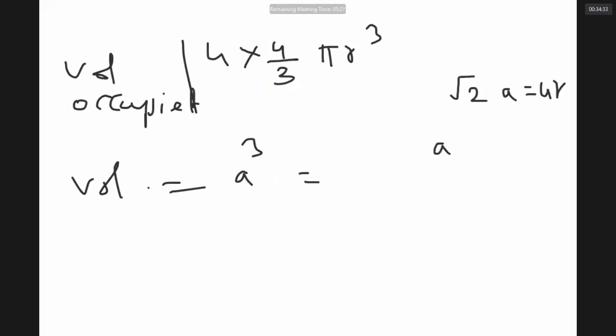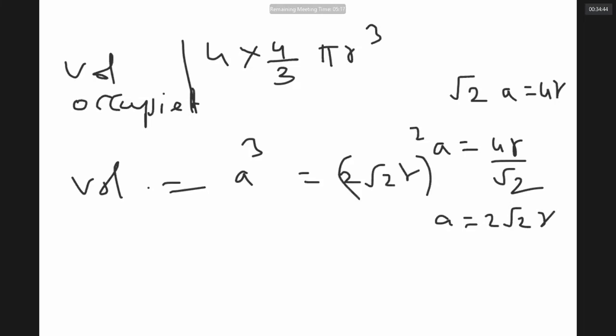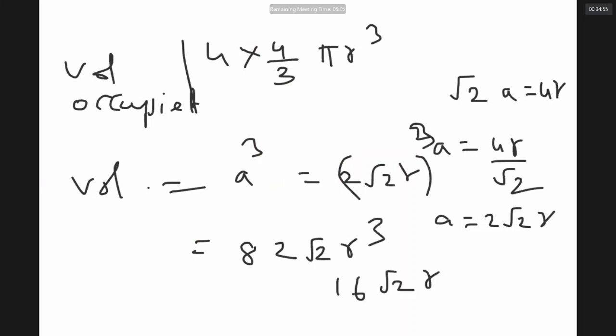So A is equal to 4R by root 2. So A is equal to 2 root 2R. Therefore, A cube is equal to 2 root 2R whole cube. What is its value? 8, 2 root 2R cube, 16 root 2R cube. Yes or no?